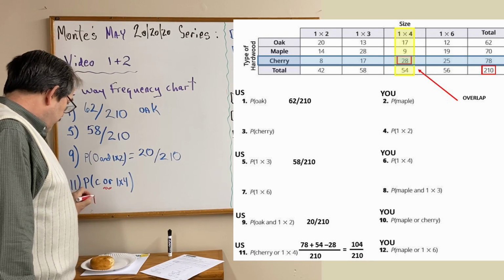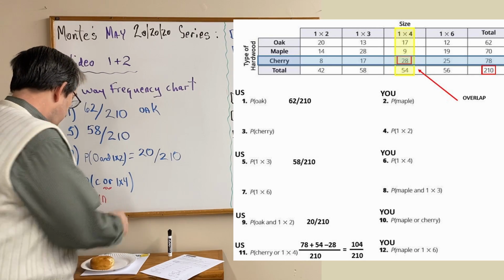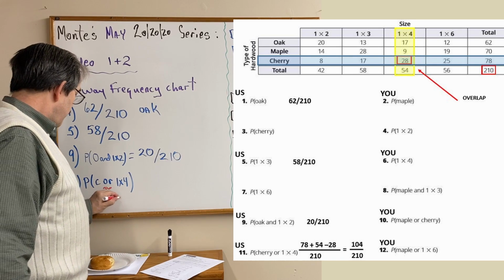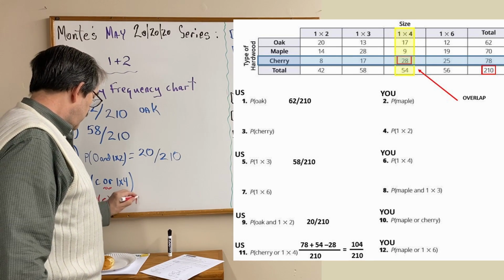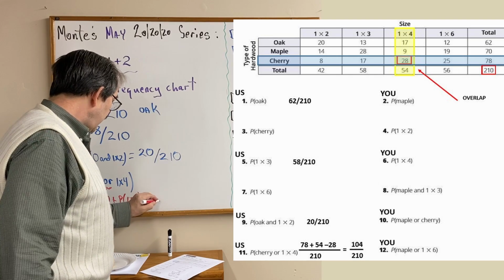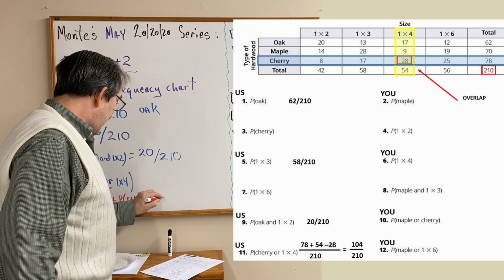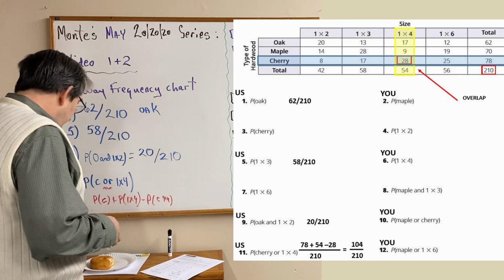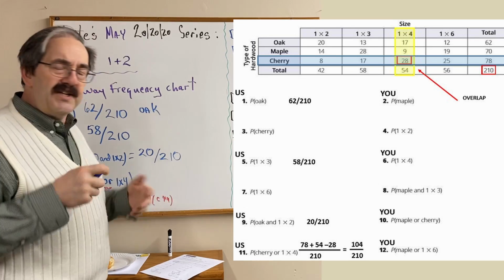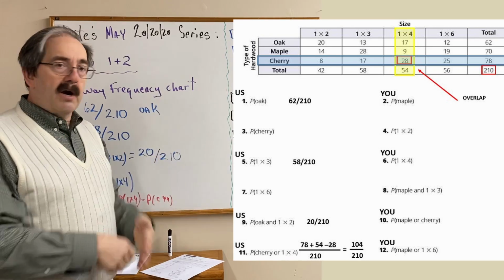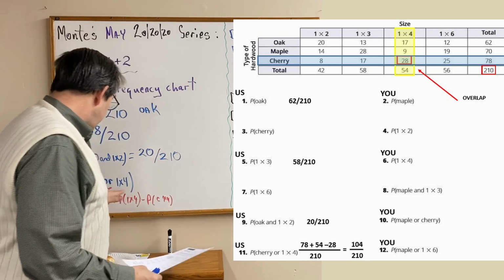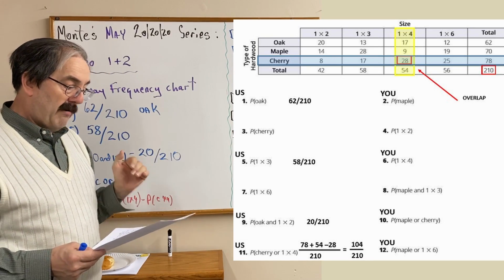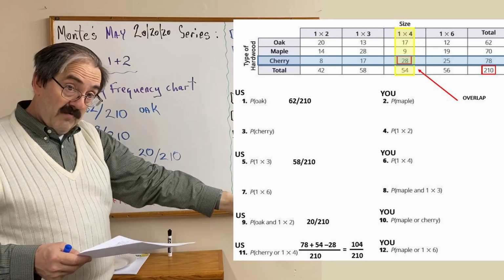All right, so we have the probability of cherry, plus the probability of a 1 by 4, minus the probability of the cherry and the 1 by 4, because there's an overlap. I love these problems because this equation can be confusing. But when you look at the chart, it's obvious. So, probability of cherry, the entire row. Probability of the 1 by 4, the entire column.